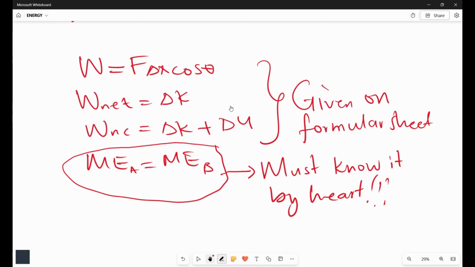Each and every one has a condition. You use the mechanical energy one when there is no friction, applied force, or tension.